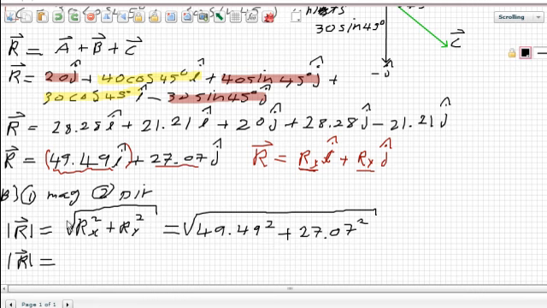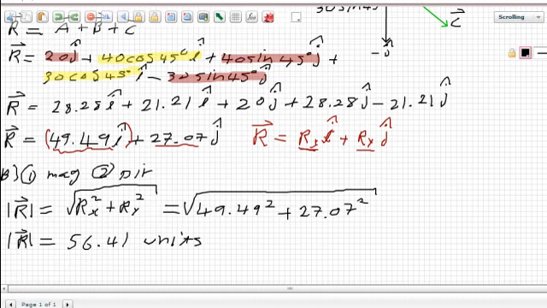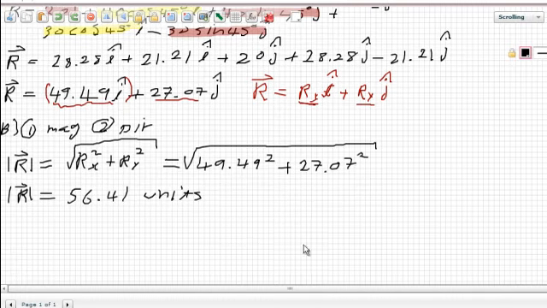That's not necessary because we're only dealing here with magnitude, so we don't really care about i's and j's because those are for the direction. So once we square those two, add them up, and then take the square root of them, we should get 56.41 units. So that basically makes up the magnitude of our resultant vector, which is the first part.